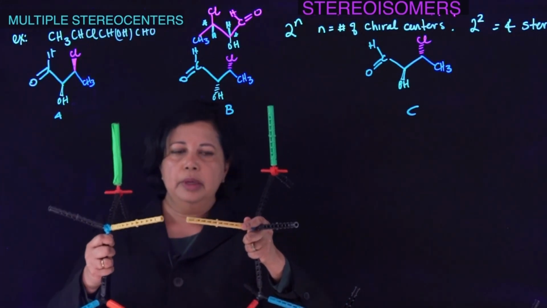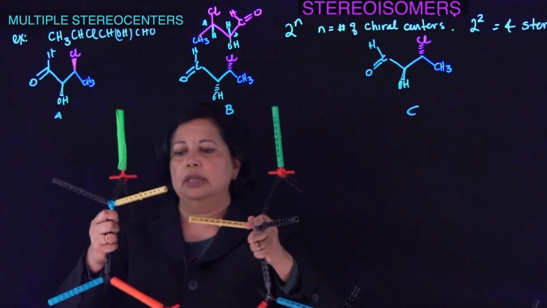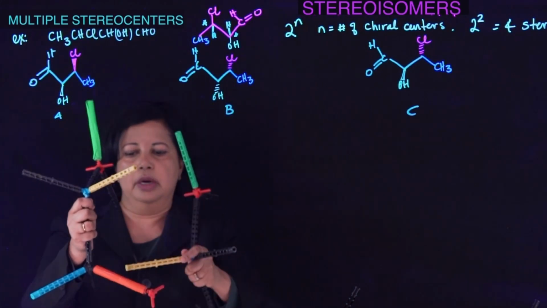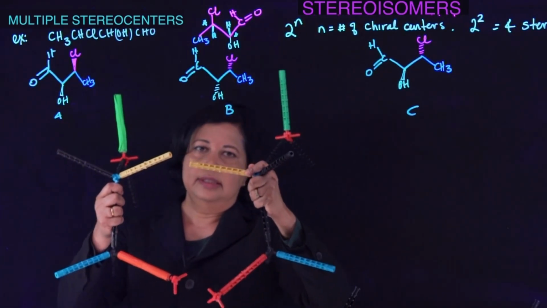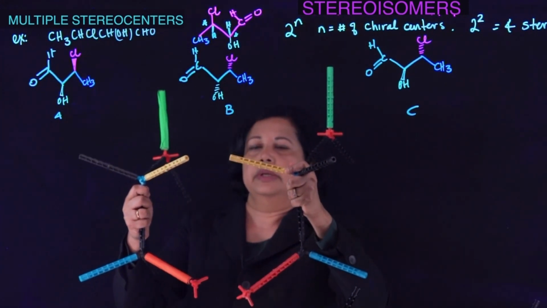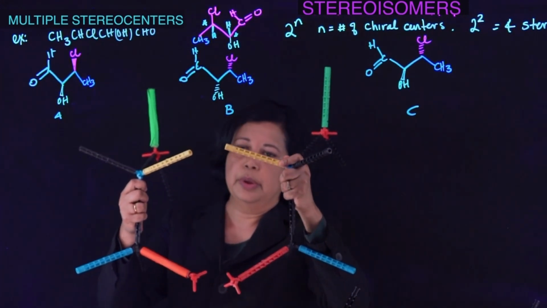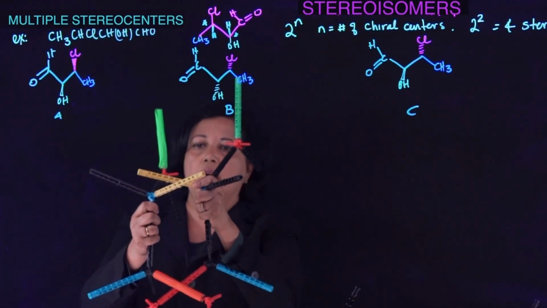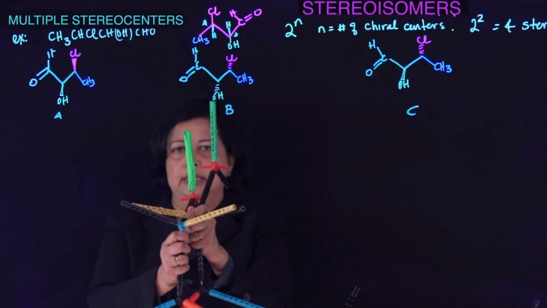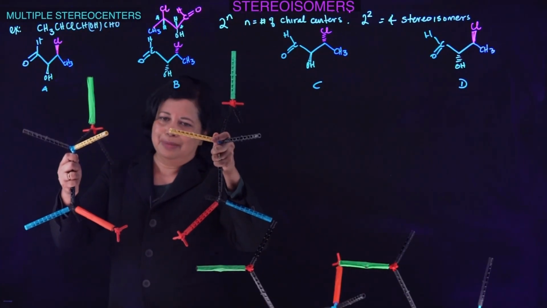They are only different in the spatial arrangement of these groups. These two are on the right-hand side, and these two are on the left-hand side. So these only differ in spatial orientation, which makes them stereoisomers. Stereoisomers that are mirror images, and they're non-superimposable mirror images, are called enantiomers.